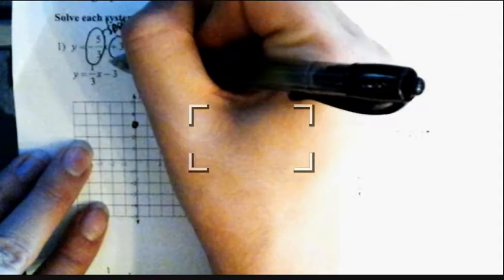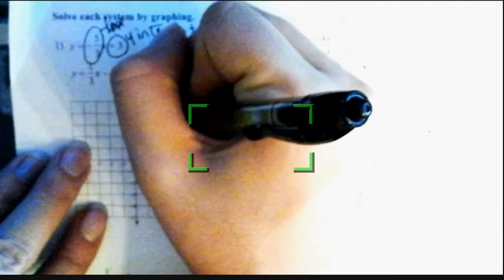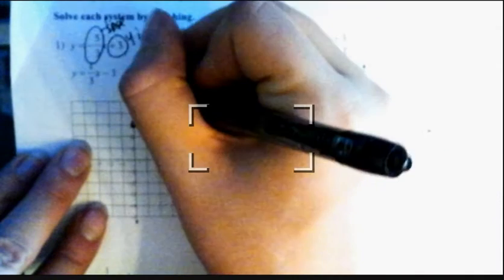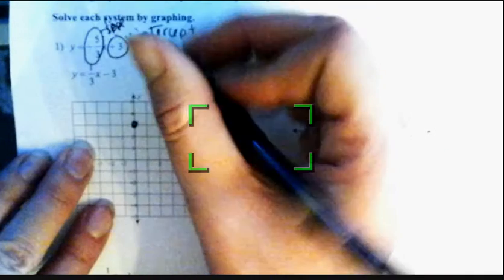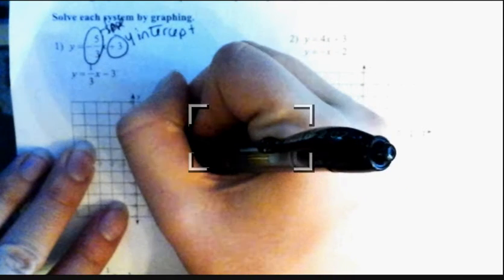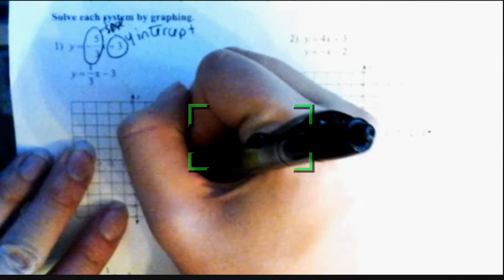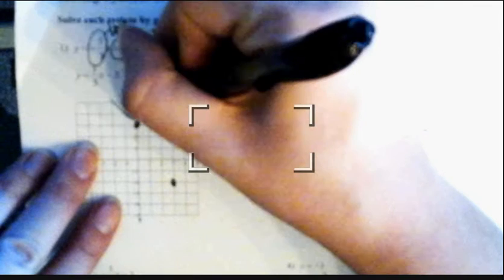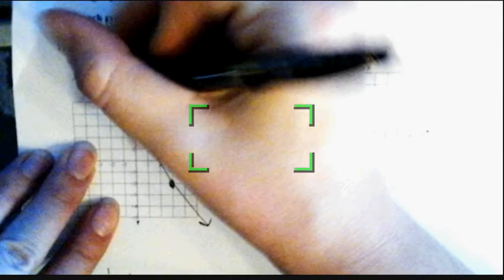It's negative 5 over 3. So negative means my slope's going to go like this. It's rise 5, run 3. Since I can't go up 5 this way, I'm going to go down 5. 1, 2, 3, 4, 5. 1, 2, 3. Okay, so I'm going to make this graph. Okay, so this one's done.